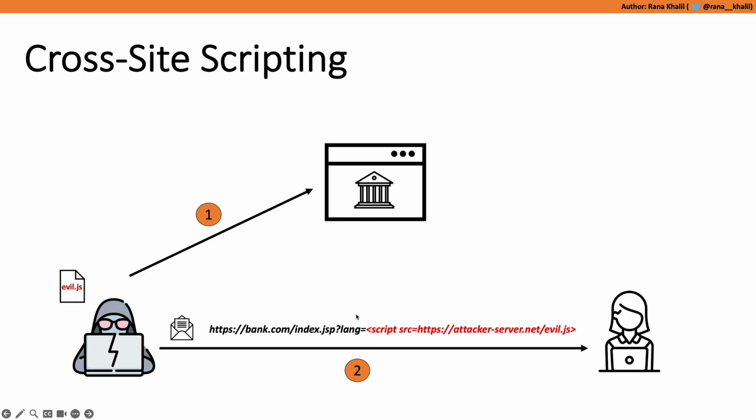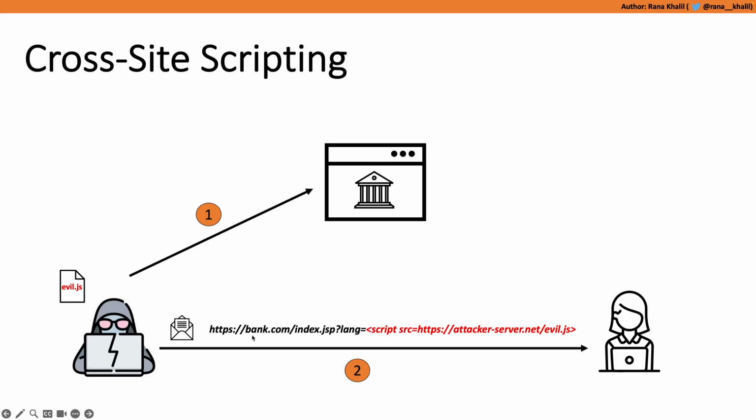And the attacker finds out that the lang parameter, which should really just have either EN for English or FR for French, was found to actually accept any string of characters. And so what the attacker does is construct a malicious script, host that malicious script on his server, attackerserver.net, and then use the vulnerable parameter to call that script and execute it in the banking application itself.